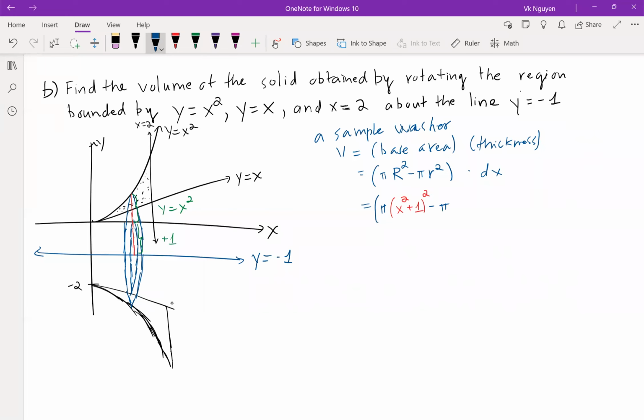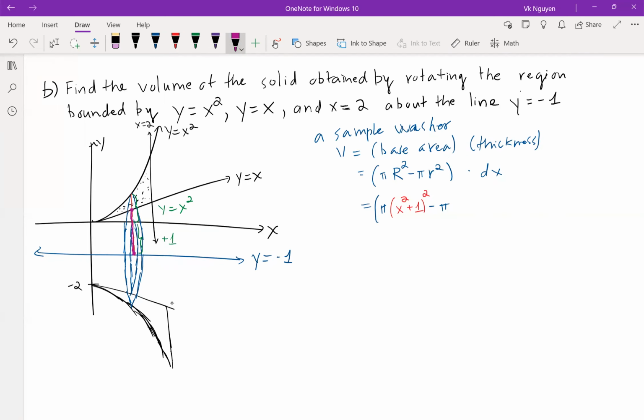Now for the smaller radius, be careful with the gap. The smaller radius is this radius right here, from here to here.